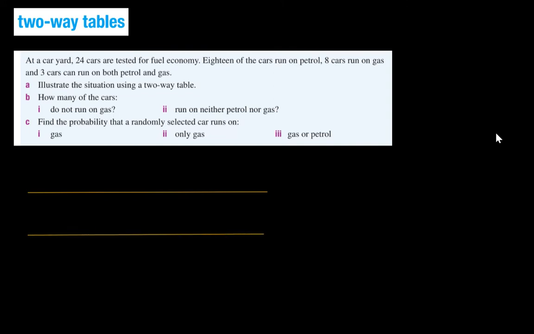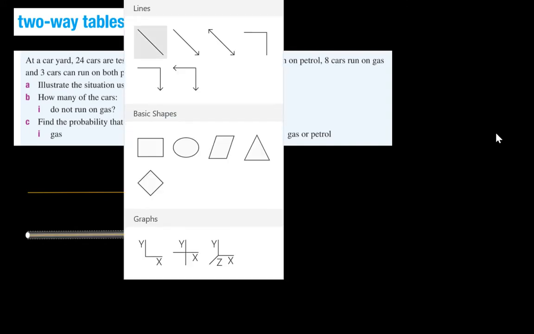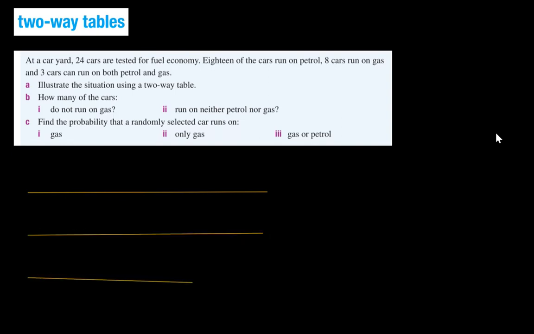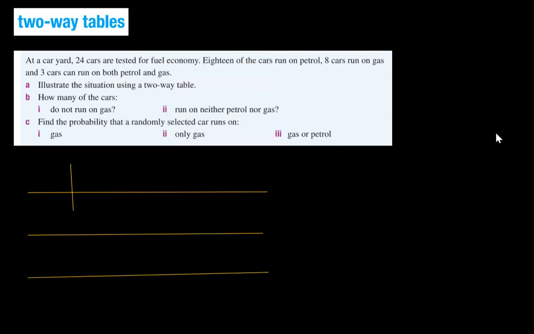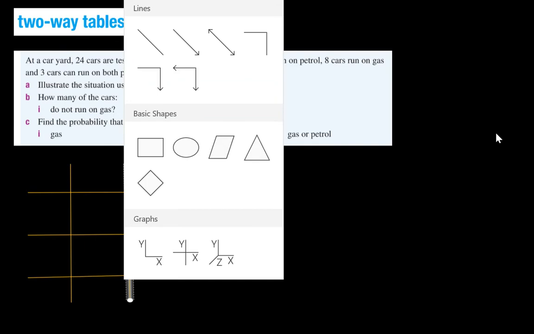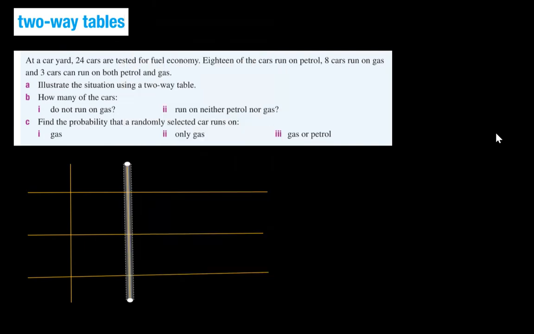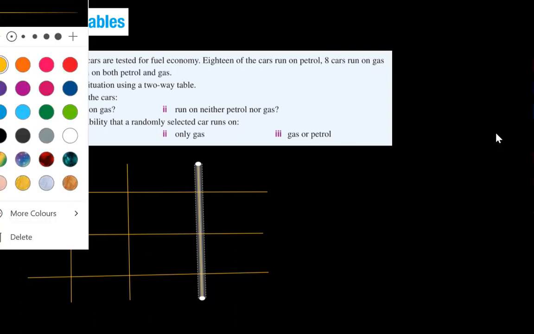Let's do lines. 3 going down. 1, 2, 3. Okay, now all these questions are pretty similar.